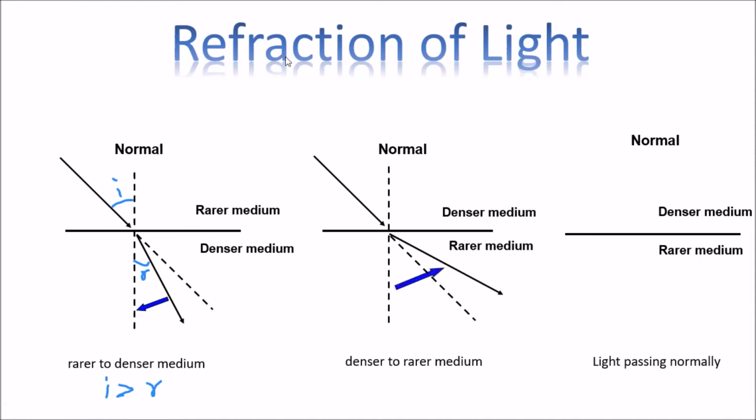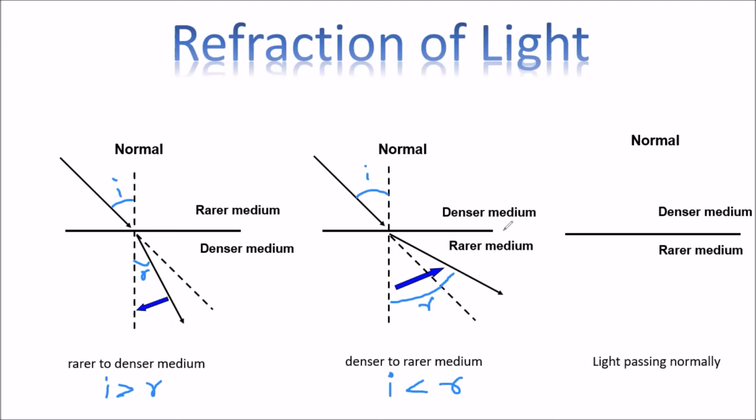This time the angle of incidence is the angle made by the denser medium, and the angle of refraction is the angle made by the rarer medium. And we observe that this time the angle of incidence is lesser than the angle of refraction. So when light goes from rarer to denser medium, the angle of incidence is greater than the angle of refraction. When light goes from denser to rarer medium, the angle of incidence is lesser than the angle of refraction.